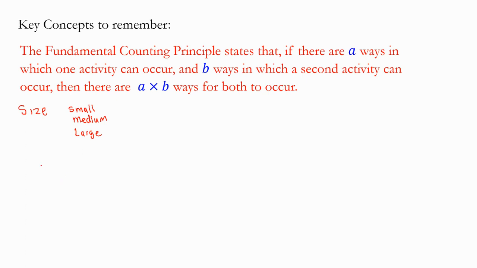And then also we choose according to the base. So the size is one activity, or let's say one event. And then the base can be thick or thin. So here there are three outcomes, here there are two outcomes. And then let's say this particular Pizza Hut has 4 flavors.